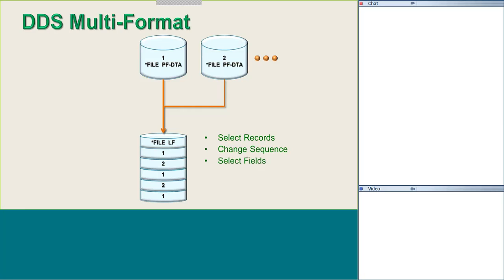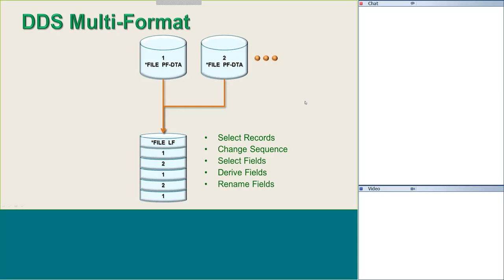I can select fields. I can select fields from file 1, and so record 1 here would have some fields, and record 2 might have a subset of the fields from file 2. I can choose which fields are going to be in each one of those files. I can derive fields in the same way, concatenate, substring, etc.